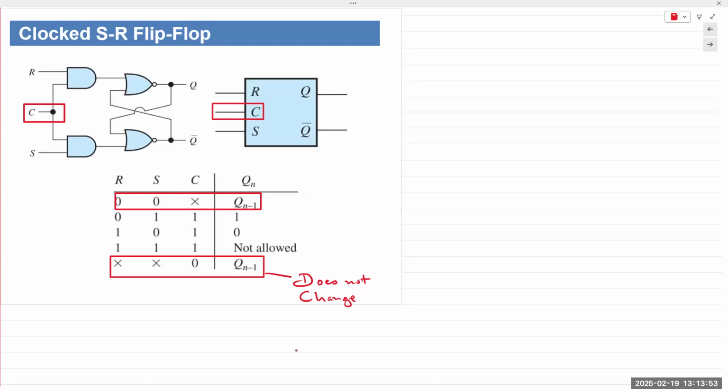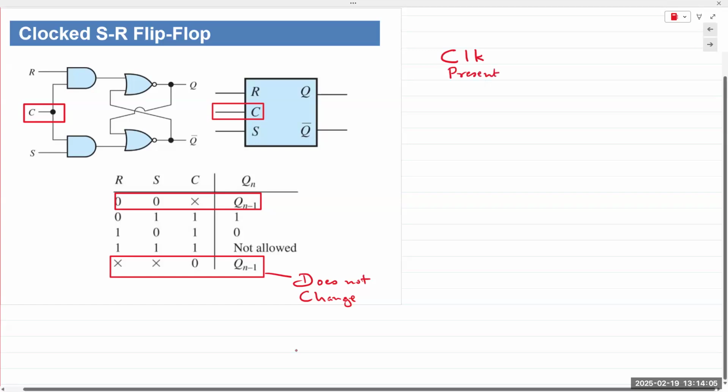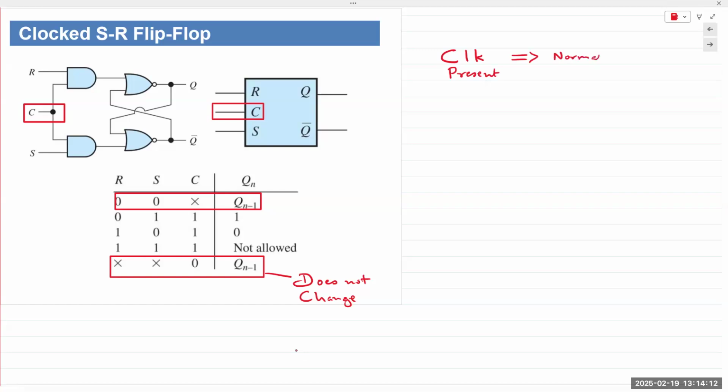In both cases, the clock is present and it works as a normal SR flip-flop.